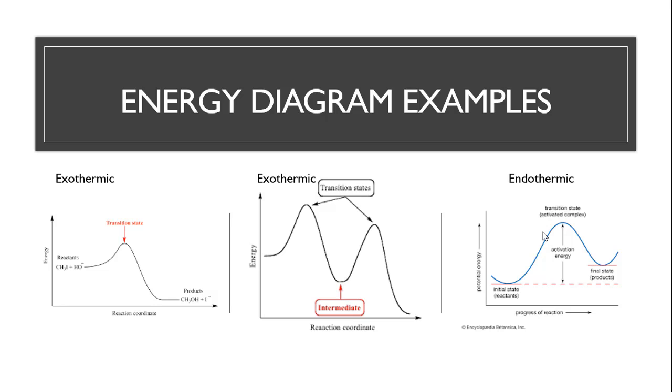The next reaction has two transition states. We see this because there's two curves, so that means that this reaction has more than one step. It has two steps, and here the energy is still the y-axis, and the reaction coordinate is the x-axis, and we see that the reactants start on the left, and then they move along the curve to the first transition state, and then we go down to the intermediate before we go on to the next curve, and we reach the peak of it and reach a transition state.